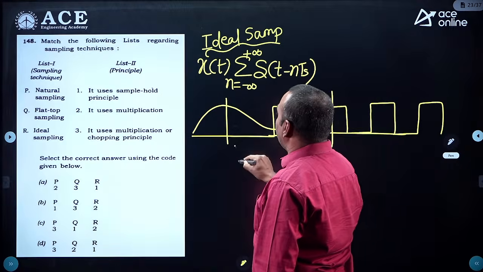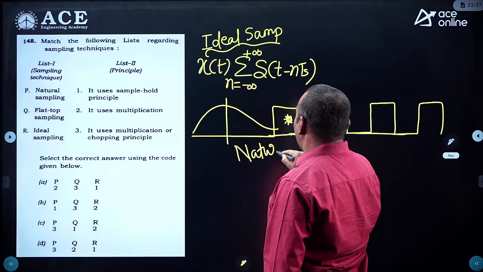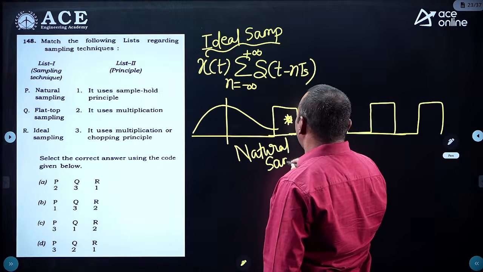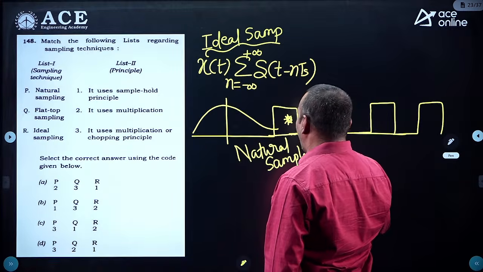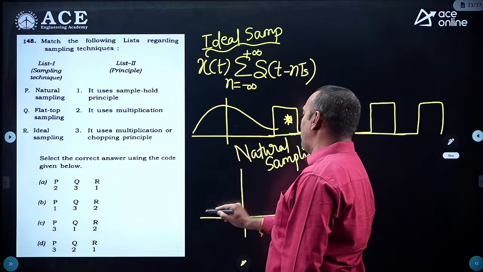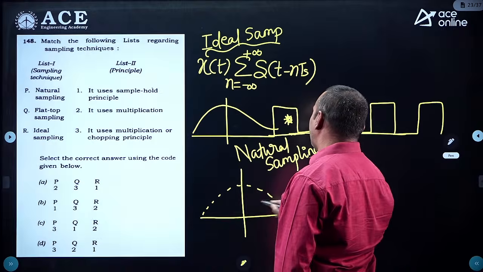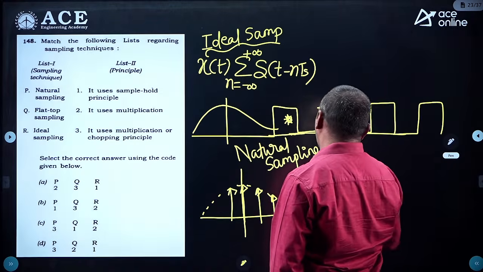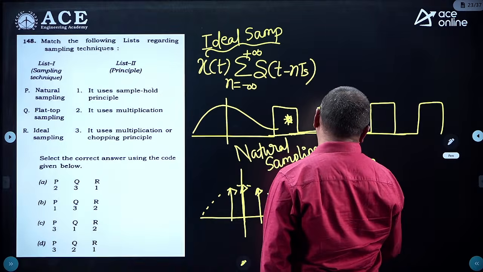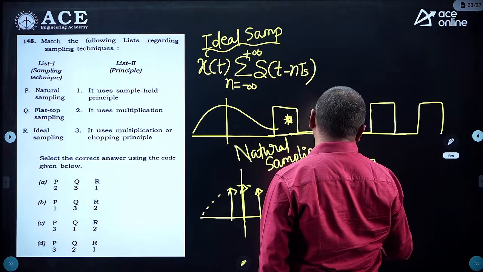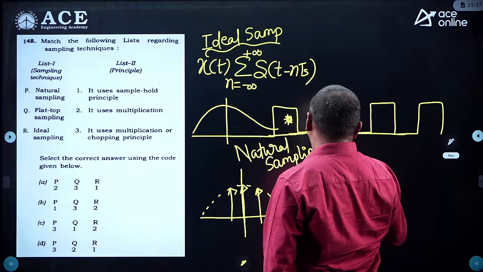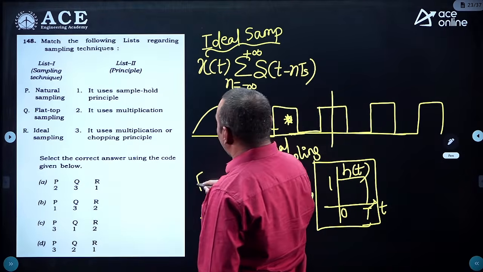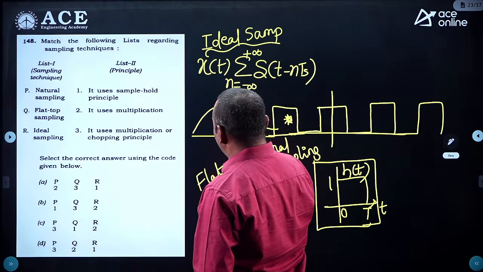Okay. This is natural because the original analog signal is chopped off. In flat top, we are trying to apply the ideally sampled signal to a simple zero order hold circuit, a rectangular pulse circuit, which is generally called a sample and hold circuit. We are giving that to a sample and hold circuit.